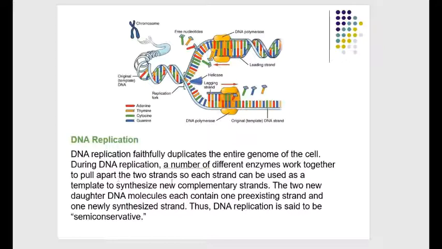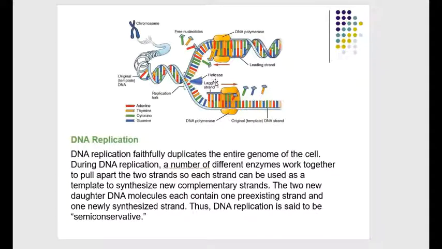So during DNA replication, there are some different enzymes that are going to work together in order to create this. One of those is going to be this DNA polymerase. That is going to be what's actually replicating the cell. We have what's called a helicase, and that's going to unravel the existing strand at the location of what we call the replication fork.